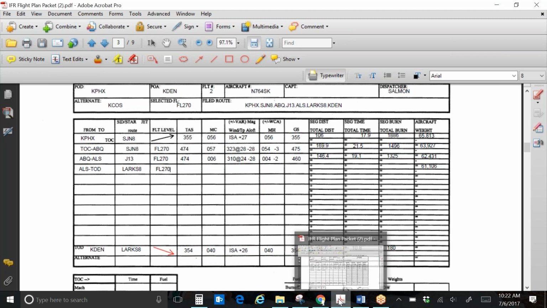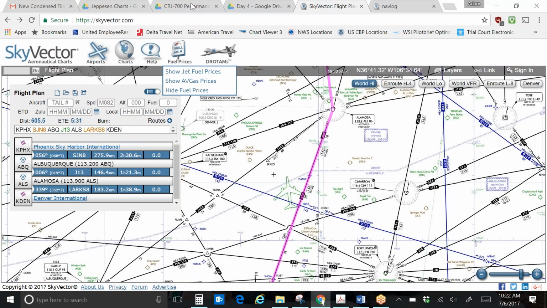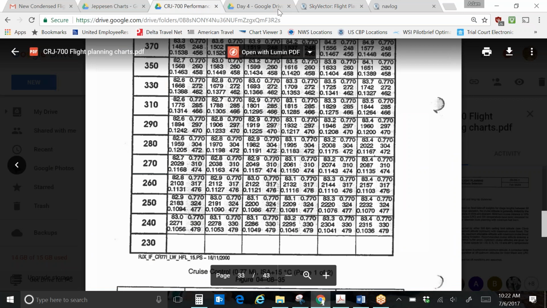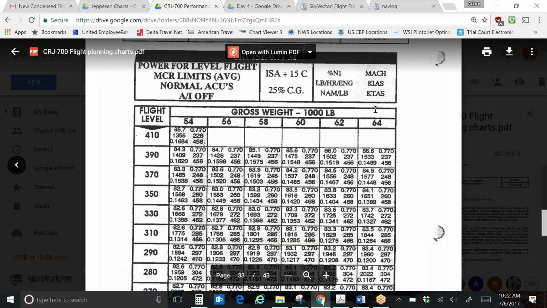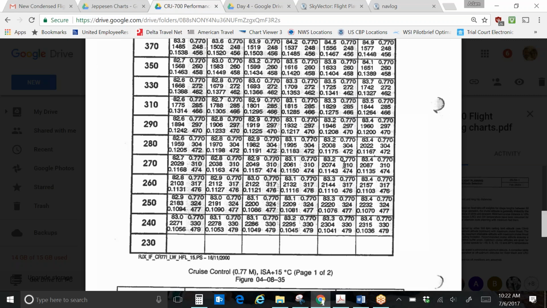If you jump back in here into our performance charts, we're now rounding up to 62,000 because we're 61,106, so we'll just go 62,000. We're at 27,000 feet. So here we go. We're using 2,074 pounds per hour, true airspeed of 474.